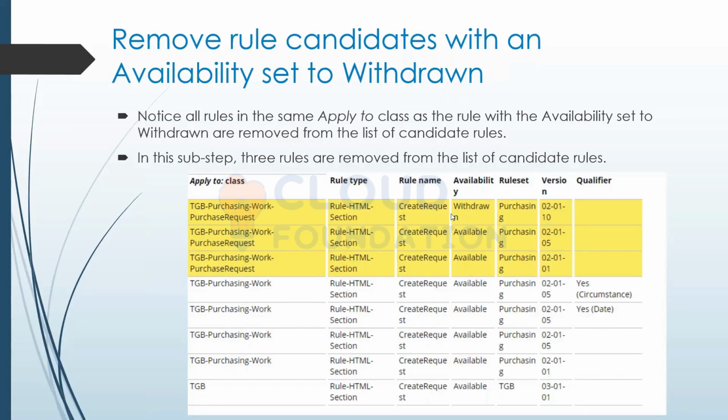But the system checks, are there any other rules with the same kind of properties? Be it your classes, the rule set. It will check the version, and version as in, it is going to check the major version first. It finds that there are 2 other rule candidates with the same kind of properties. All 3 are discarded.